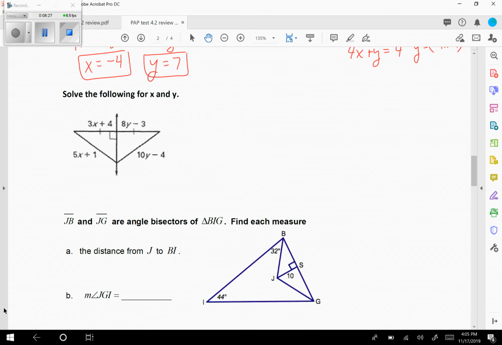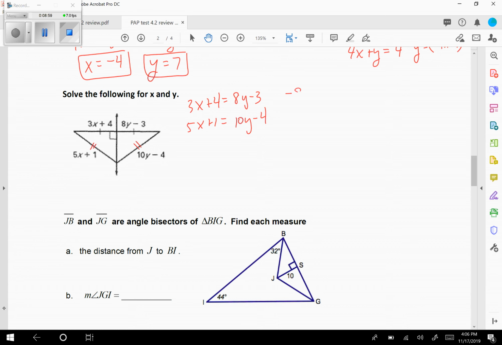Okay, it says solve the following for x and y. We can see we have a perpendicular bisector so we know that these two here are congruent. So now we've got two equations, two unknowns. We have 3x plus 4 is equal to 8y minus 3, and 5x plus 1 is equal to 10y minus 4. I'm going to get these in standard form so that we can work with them more easily.